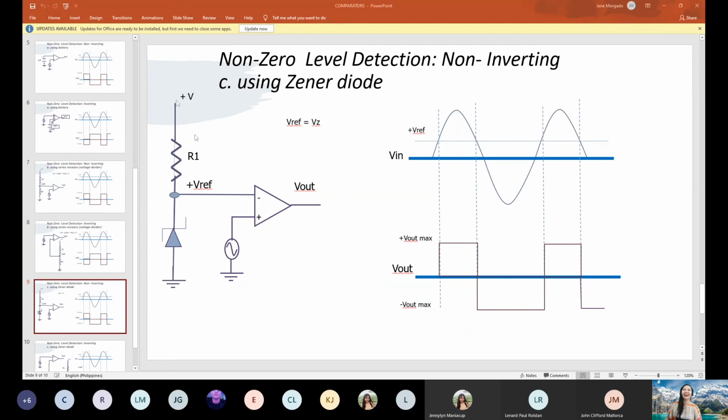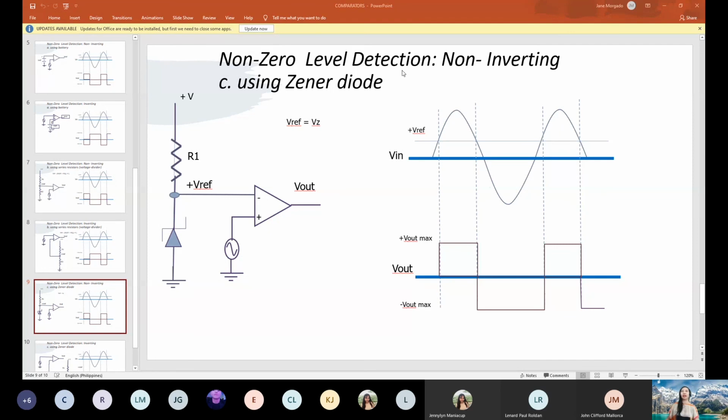This is the ground, this is simple ground class. The cathode is connected to the positive voltage and the anode is connected to the ground. So the configuration of this Zener is forward or reverse bias? Reverse. So it is connected in reverse bias.